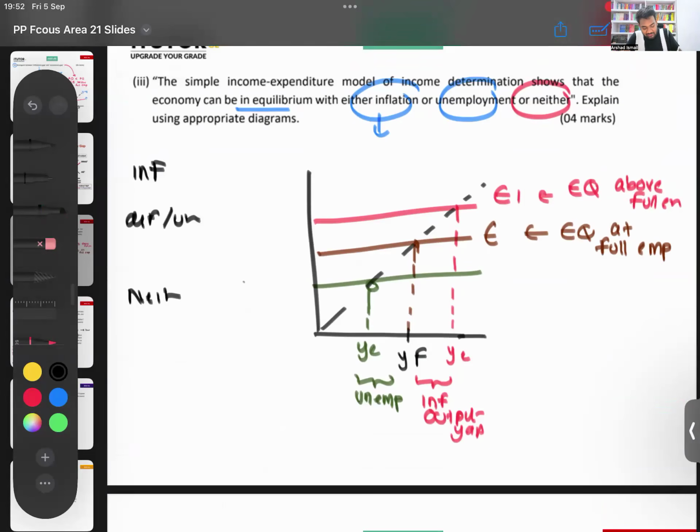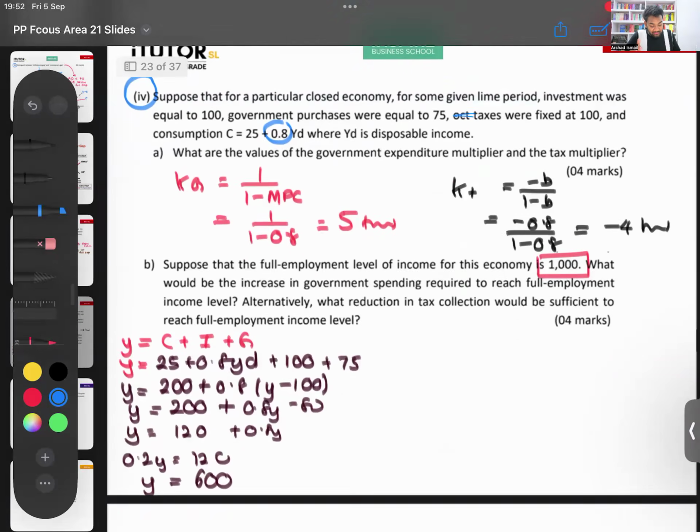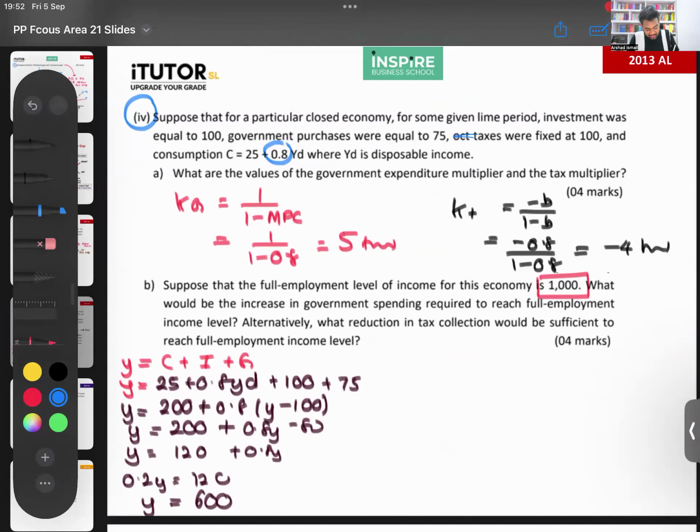So now the question is asking, for you to get from this 600 to 1000, what should the government spending change by? How much should the tax collection change by? Okay, they're asking what would be the increase in government spending. So use the multiplier equations.